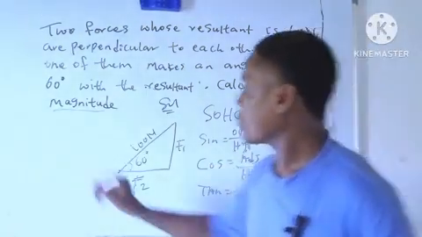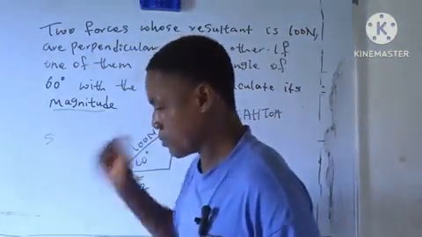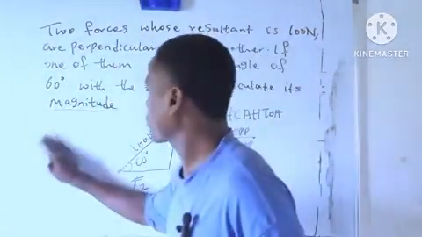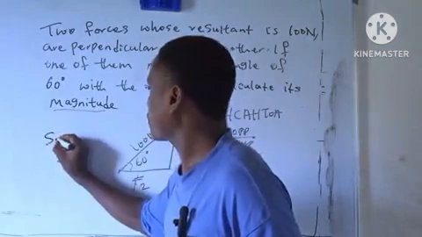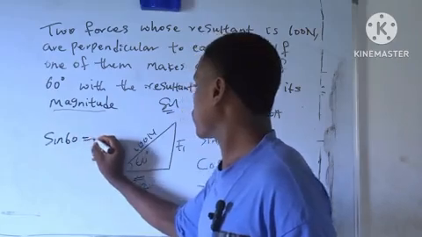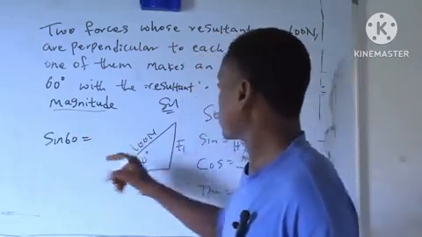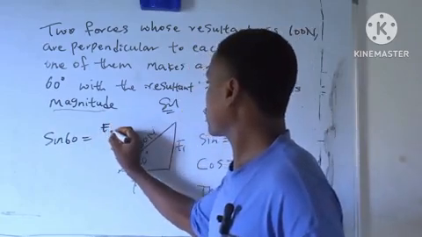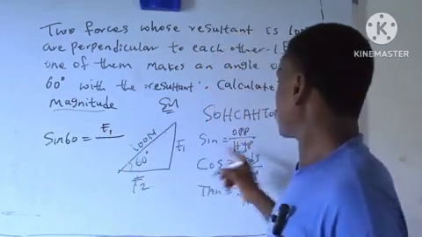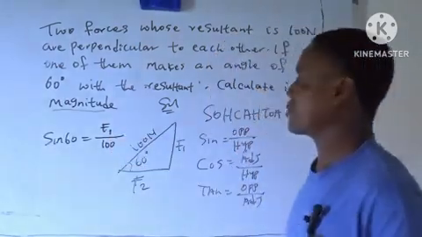So it will now be sine 60 equals the opposite, which is F1, where the angle is facing, all over the hypotenuse, which is the 100.